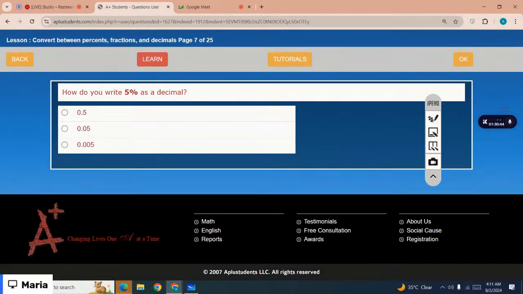Okay, the next one is, how do you write 5% as a decimal? So which is the correct option?